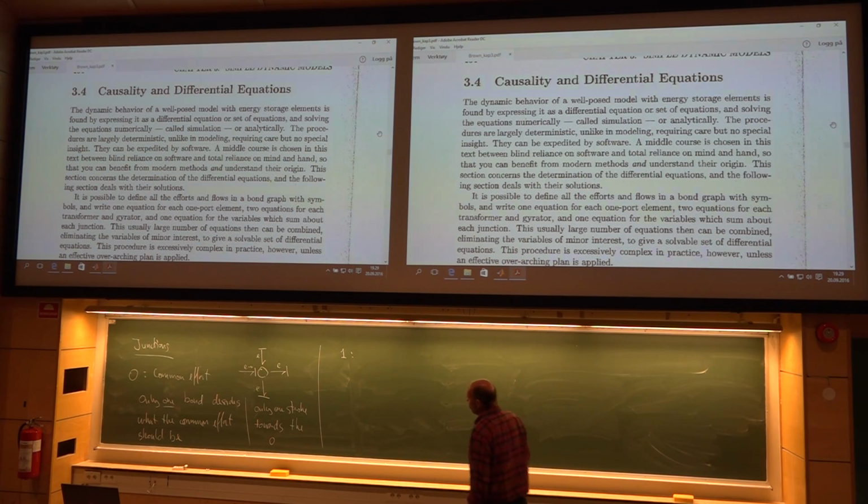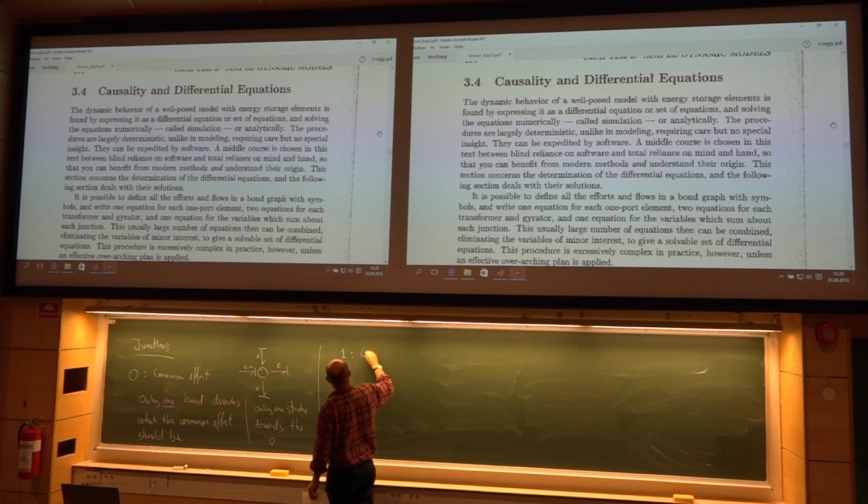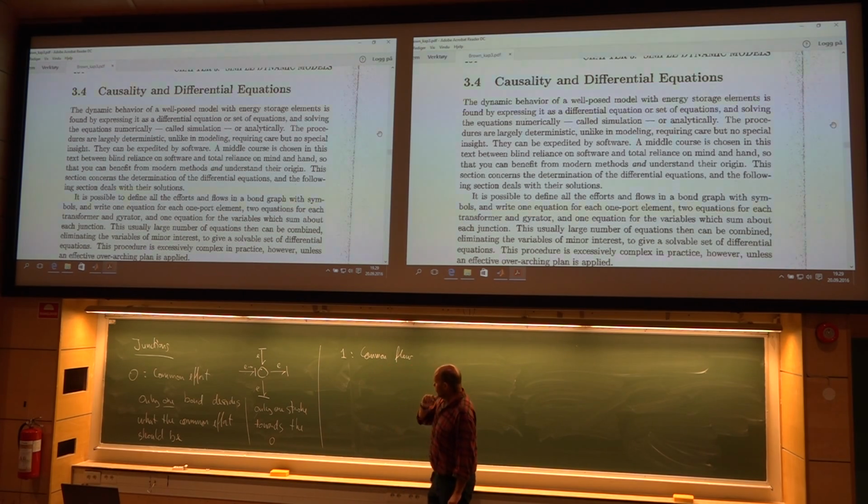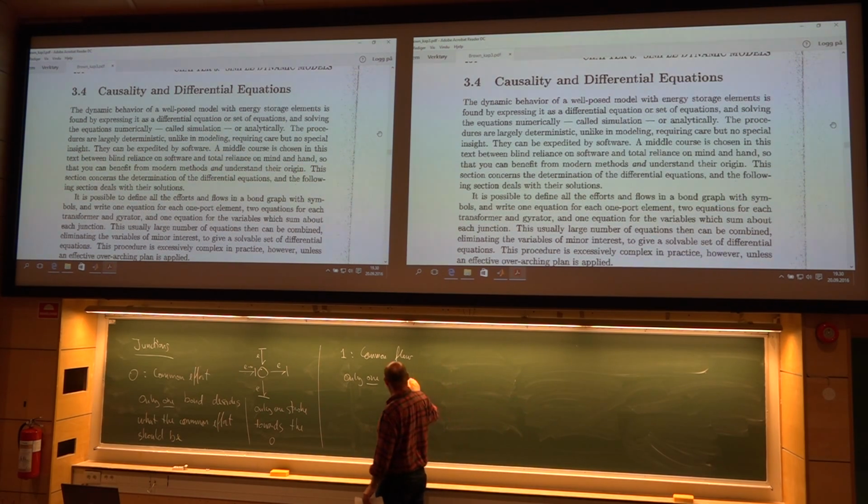Then for the one junction, common flow. Same thing here. Only one bond should decide what this common flow should be.